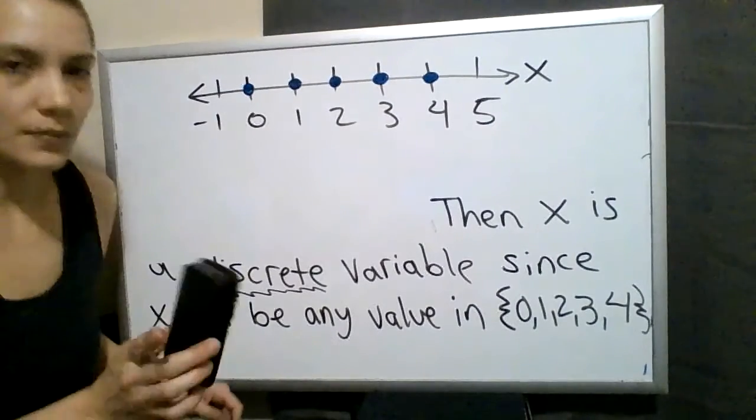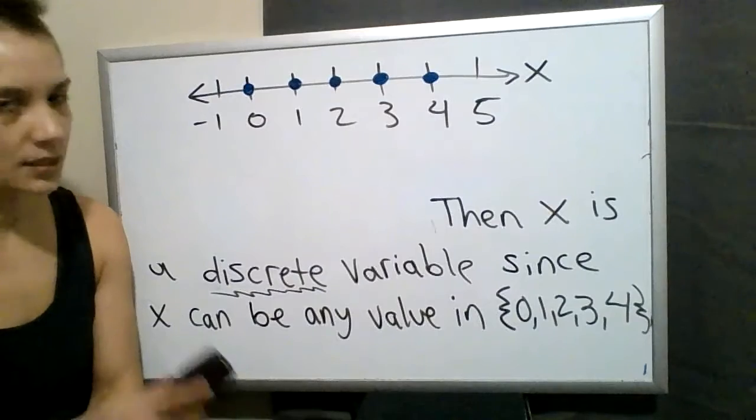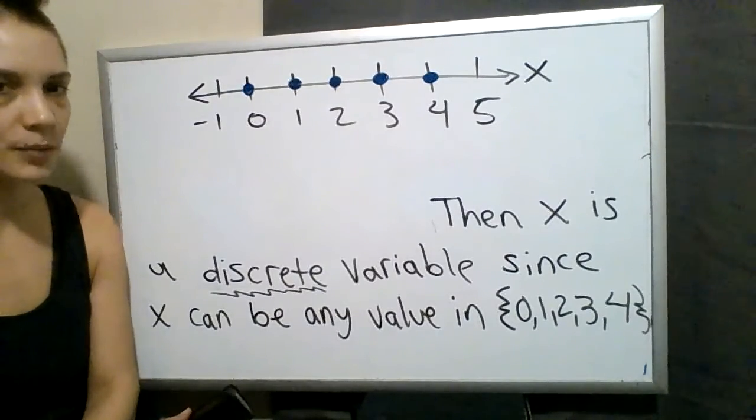Okay, for this last example, we're going to go straight into just talking about how x is a discrete variable.